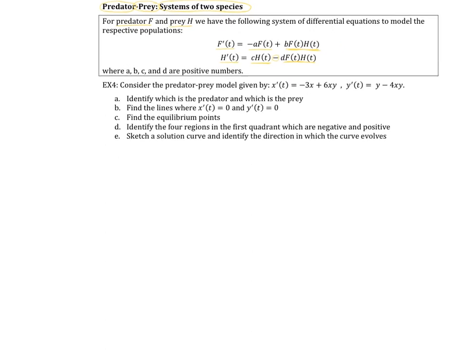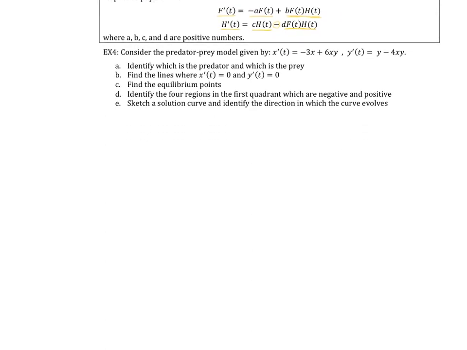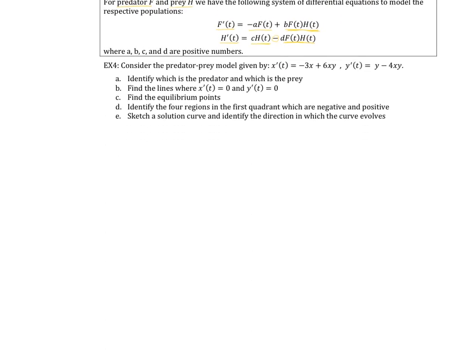In example 4, I'm just going to give you two generic equations, and you're going to have to choose which is the predator and which is the prey. So all you have to do is compare it to the above equations. If we look at x prime, we have a minus, plus, and then x times y.